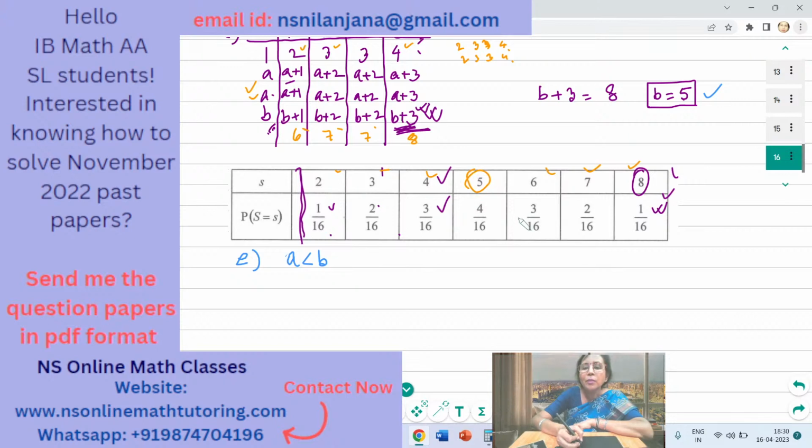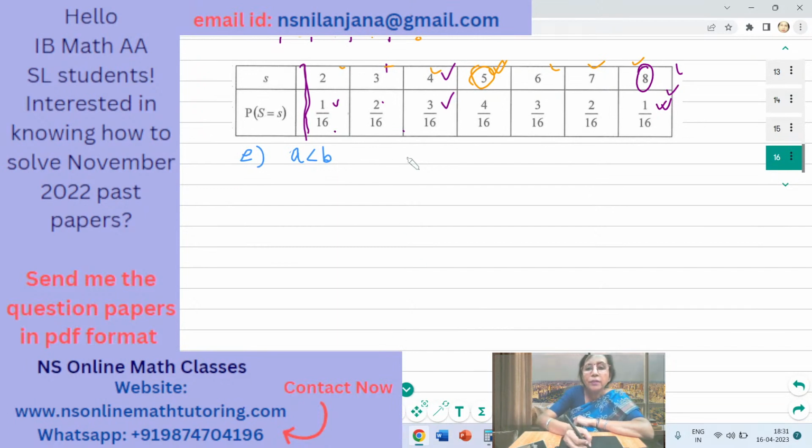But what about the number 5? If A is equal to 1, we don't get the number 5 at all, but we should be having the number 5 as a sum total. So that is what you have to write.